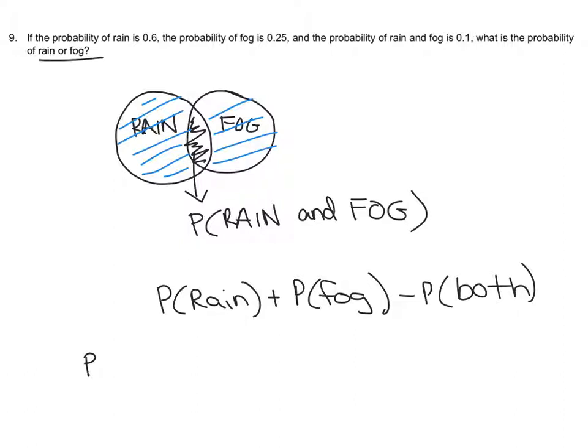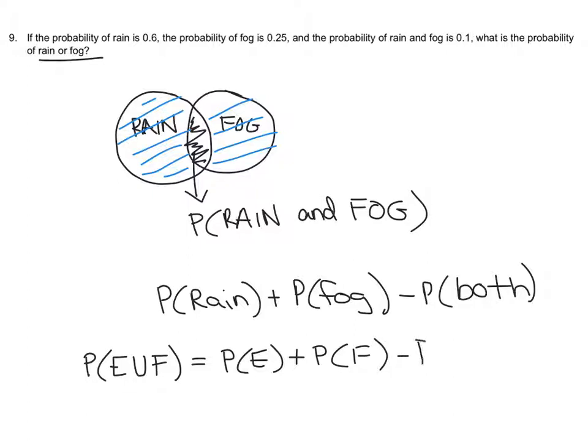The union formula is represented as the probability of two events, E union F, and that equals the probability of E plus the probability of F minus the probability of E intersection F. So this is just the mathematical definition of the formula.